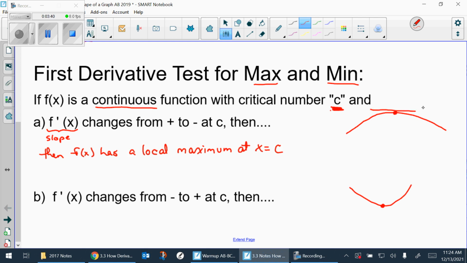Slope is 0 here. Slope is 0 here. Where that slope is 0, where that change takes place, f of x has a local minimum.